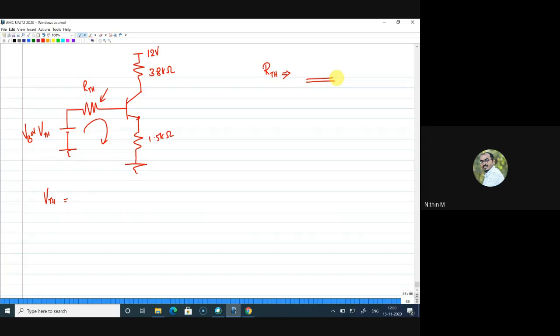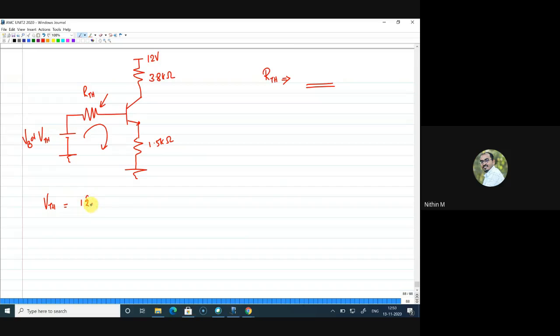Meanwhile, somebody else was saying you can write VTH or VB as 12 into R2 divided by R1 plus R2. So VTH can be written as 12 into R2 by R1 plus R2.